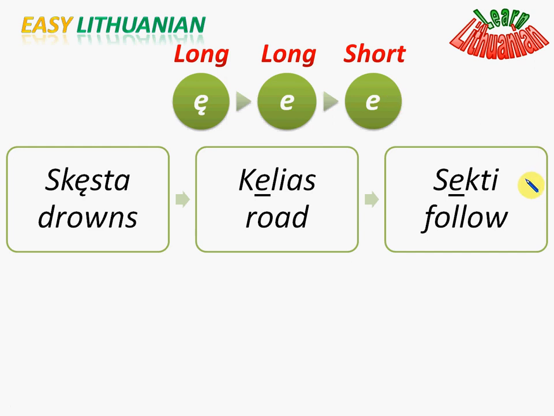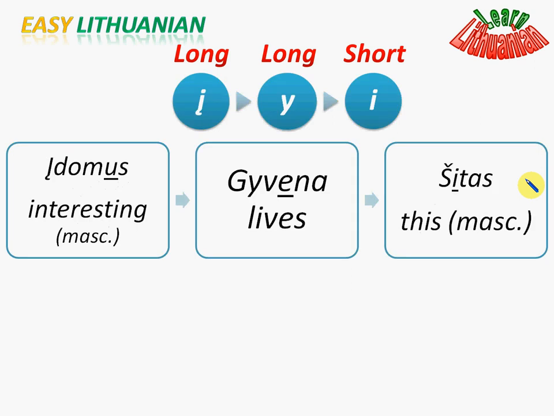Now let's go to another row, to the e and i row. The long e nosinė. Įdomus, interesting. This is a prefix, and is pronounced long, but not stressed in this case. Now a long vowel of the same pronunciation, but a different spelling, as I said, in word roots and in locative case of nouns.